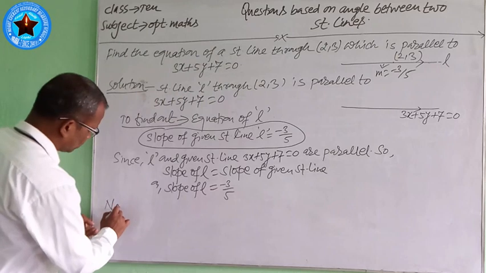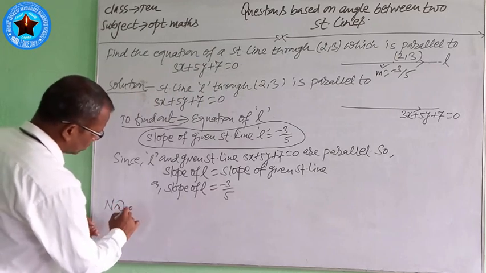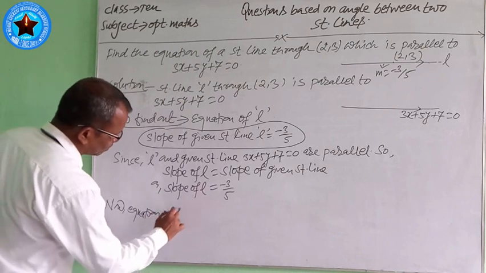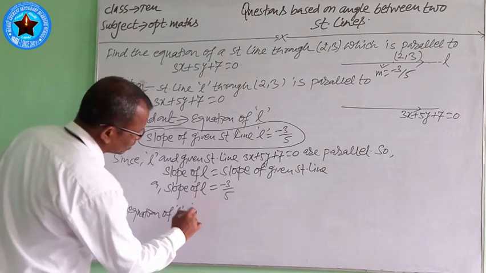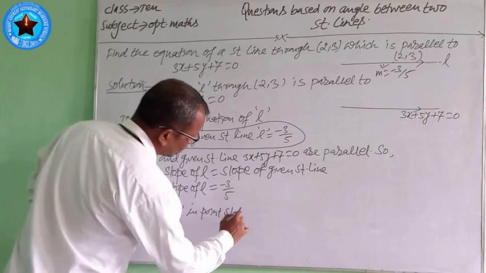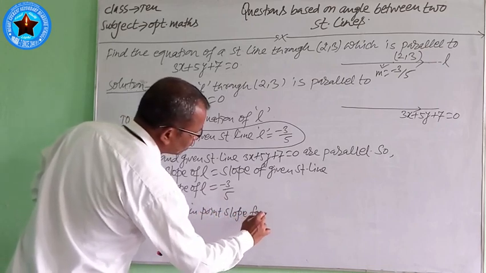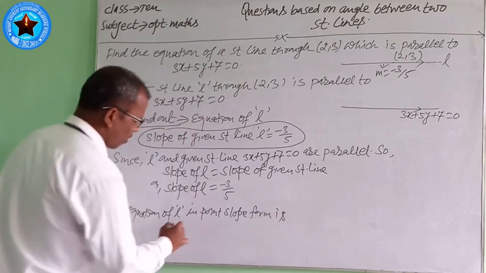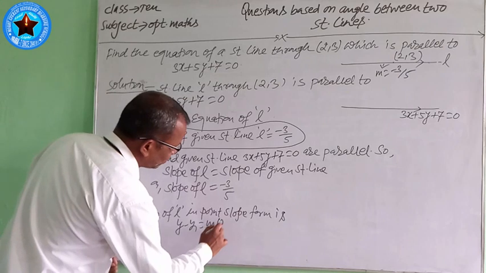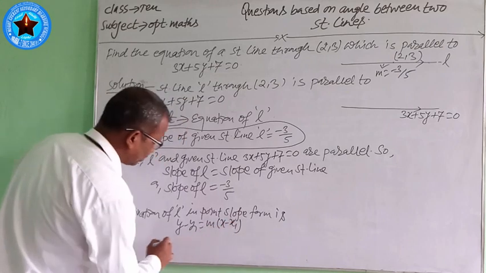Now the equation of L in point slope form is y minus y1 equals m into x minus x1.